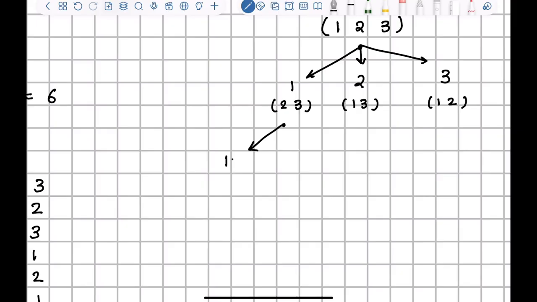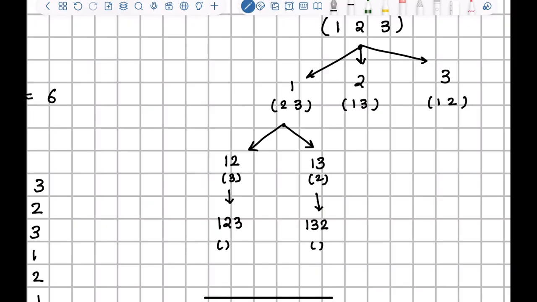We have 1, 2 because we chose 2 as the second number, and here we chose 1, 3 because we chose 3 as the second number. Here our pool is this, here our pool is this. So now again here we just have 1, so it is 1, 2, 3, and here it is 1, 3, 2, and here our pool is empty.